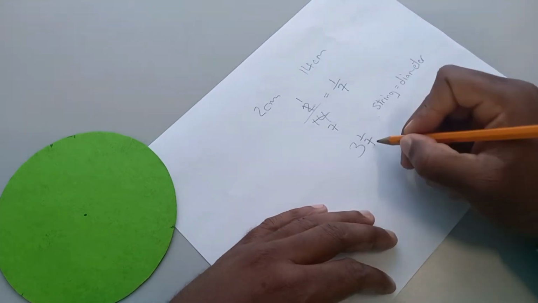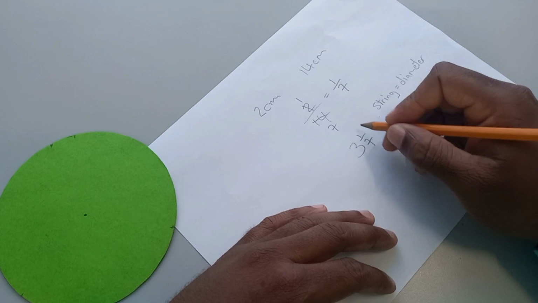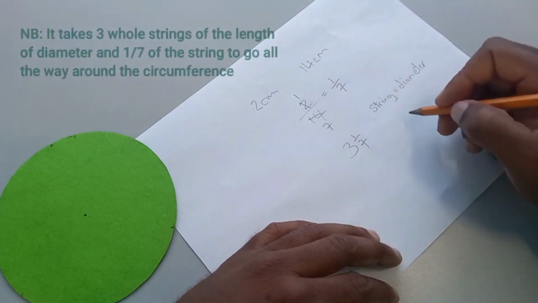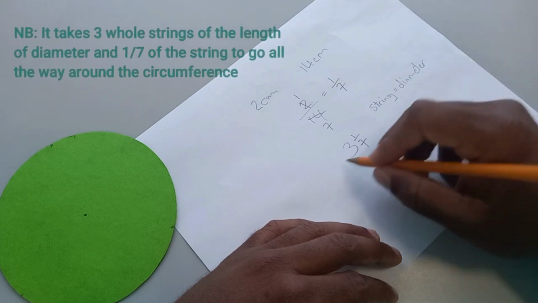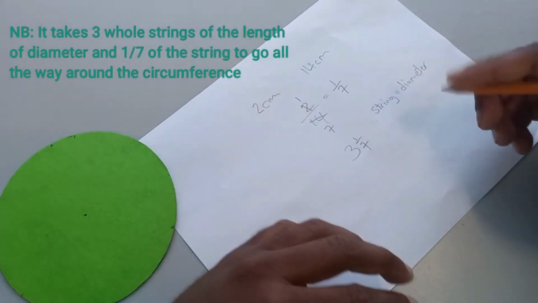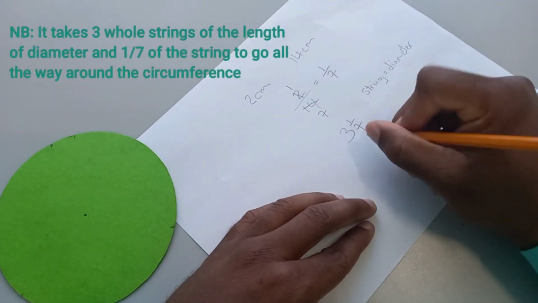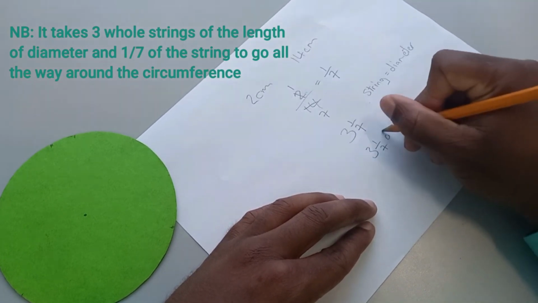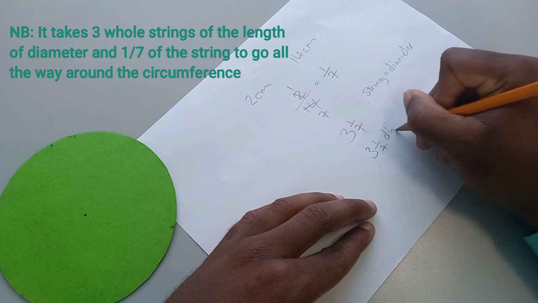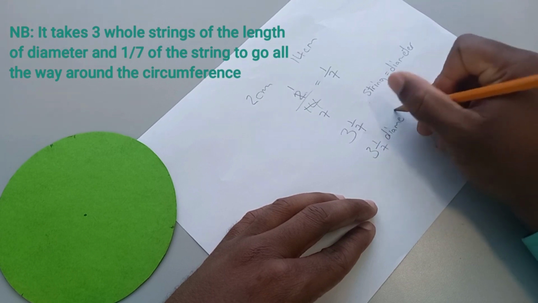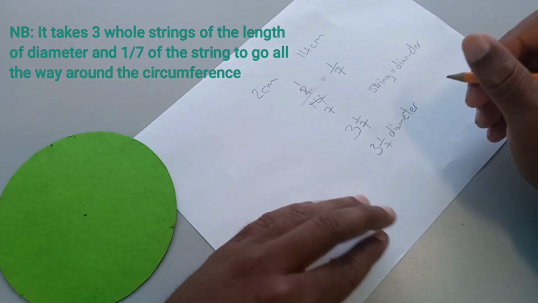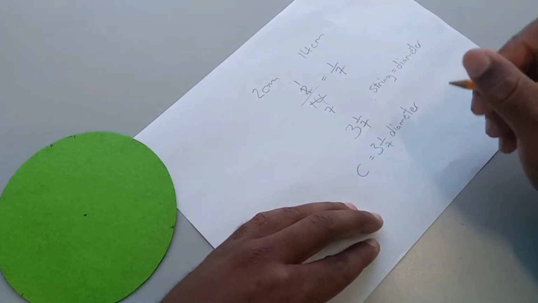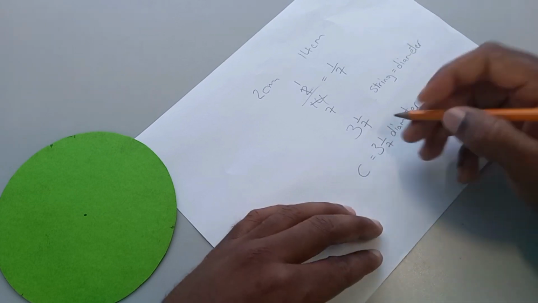Therefore, what this is saying is that it takes 3 1/7 of the length of the diameter to go all the way around the circumference, irrespective of the measurement of the string. And it makes sense, right? Therefore, the circumference would be equal to this.